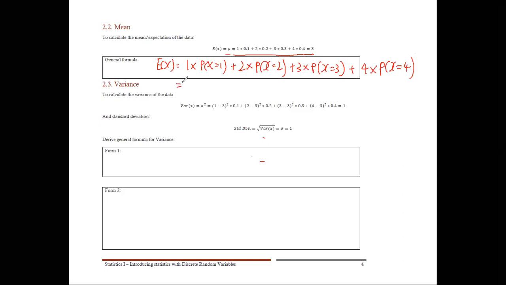Again, we'll simplify it with the summation sign. So the sum of it will be xi times P(X=xi). So the expectation or the average value can simply be calculated by the sum of all individual random variables multiplied by their own probabilities.